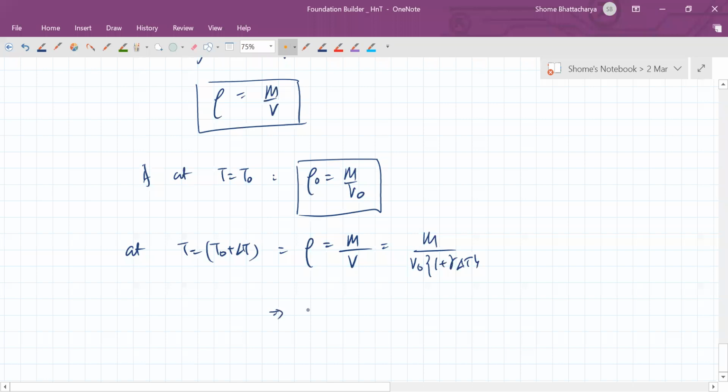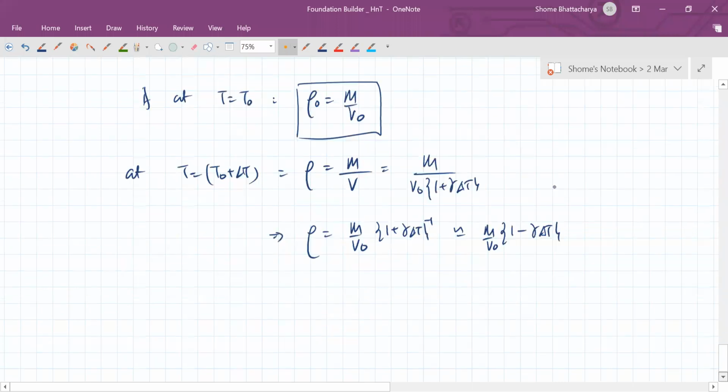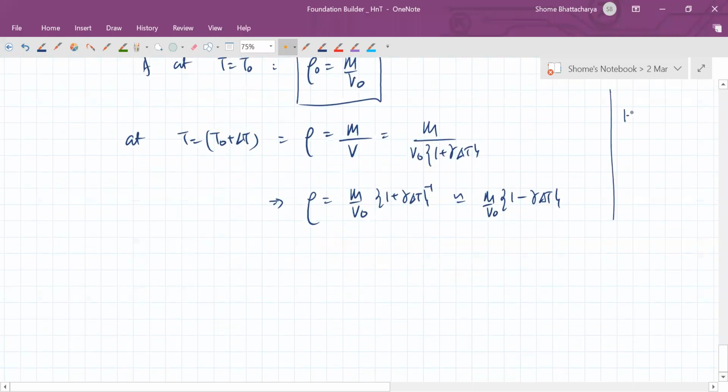So again, we use that approximation method. Bring this to the numerator, and then since gamma delta T is small compared to 1, this is 1 minus gamma delta T. Same kind of approximation.